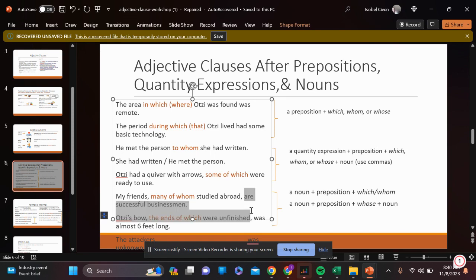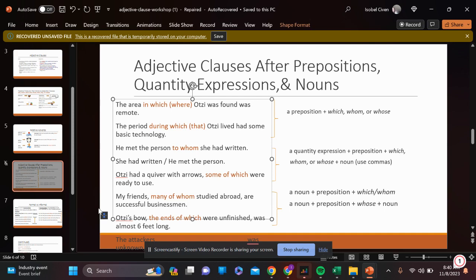Remember, you need a verb in the adjective clause, and you need a verb in the independent clause, because basically you have two sentences, right? My friends are successful businessmen, and they studied abroad.